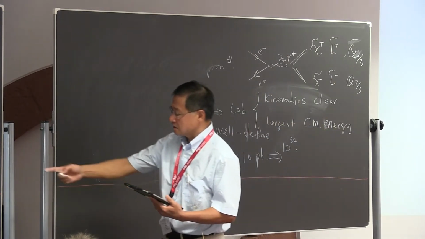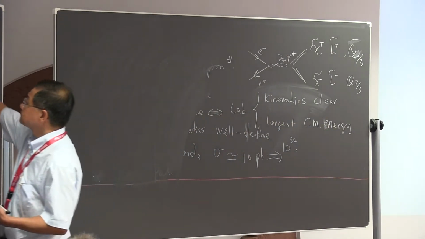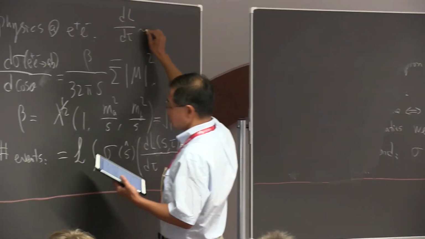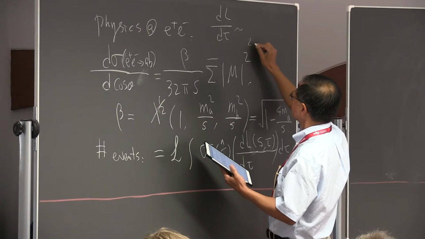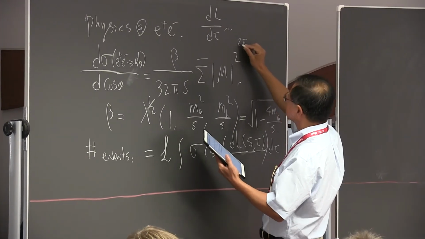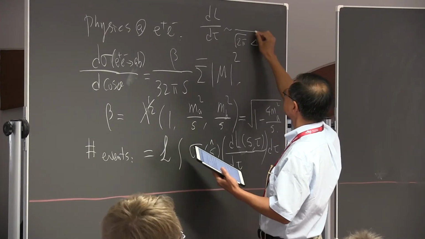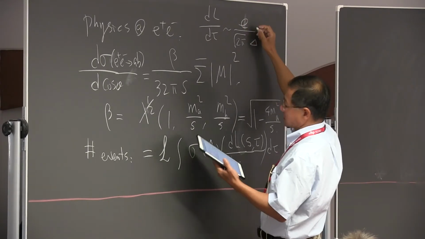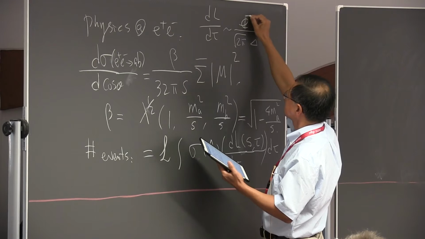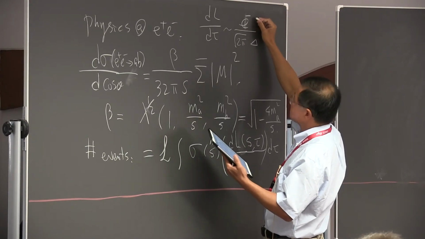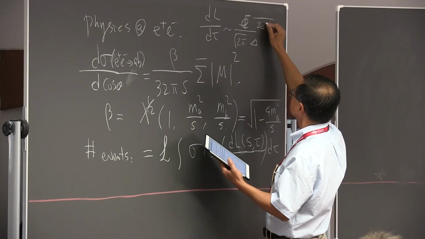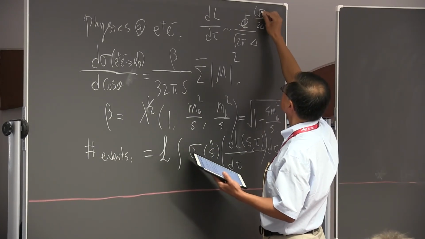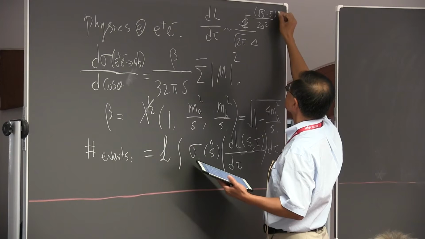Such that the luminosity function is typically some kind of energy spread, delta, and kind of a Gaussian type of thing. S hat, S squared.